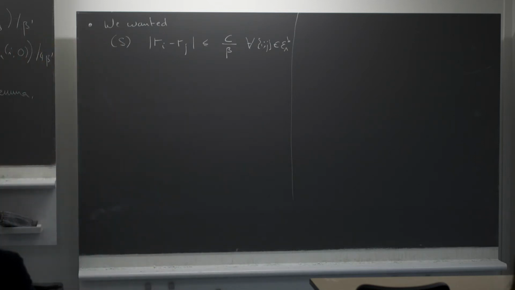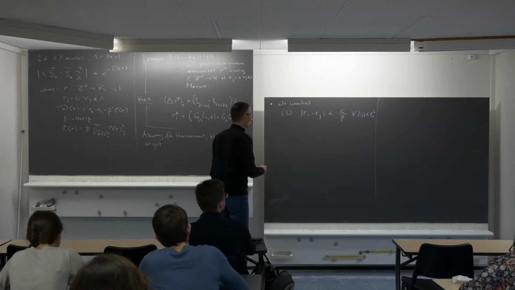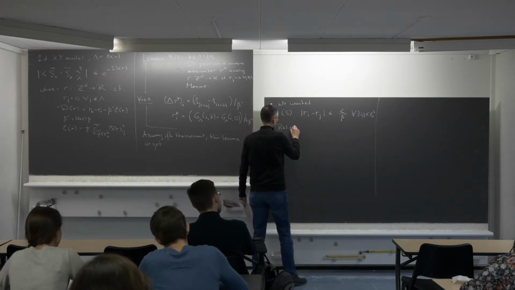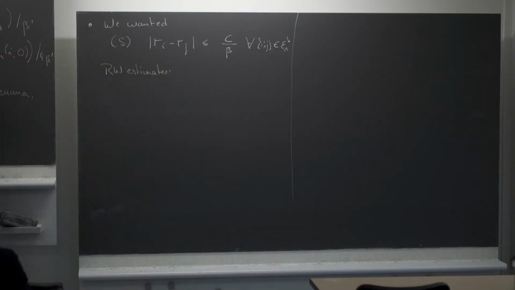So first thing, we should check that it's indeed satisfied for this. But that's the case, again, by random walk estimates. So random walk estimates allow you to see what is the effect of the initial point, say, in this green function.